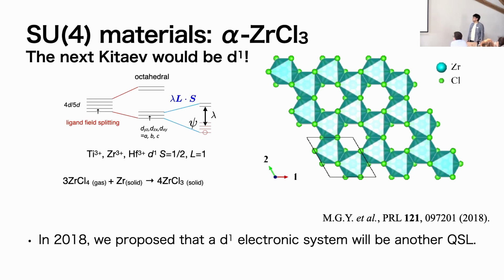In 2018, I wrote a paper with George Jackeli and Oshikawa sensei to propose that a d1 electron system with strong spin-orbit coupling can realize another type of quantum spin liquid with a very high symmetry of SU4. SU4 is a symmetry higher than SU2.